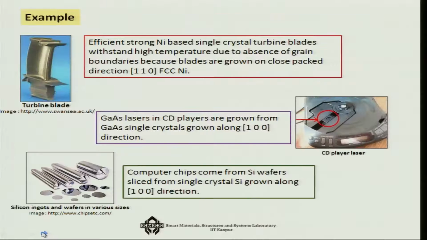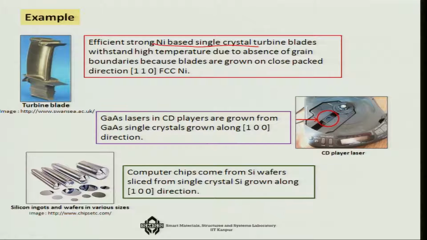So, let us go to the Miller index. There are a couple of examples. For example, turbine blades, which these days are being developed with the help of single crystals, like nickel-based single crystal used in some turbine blades.